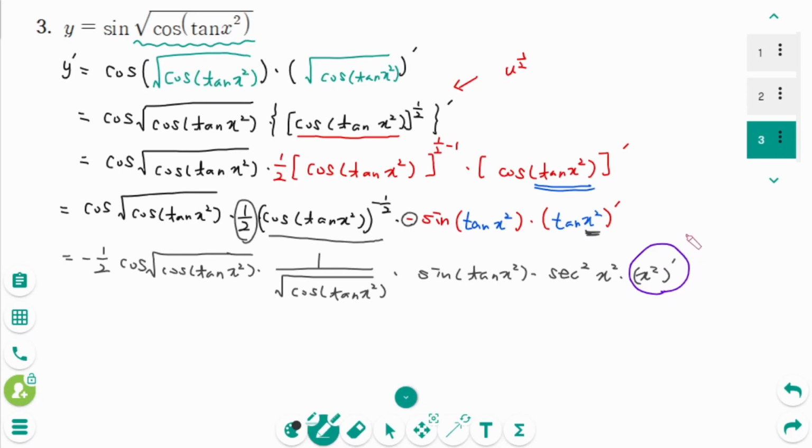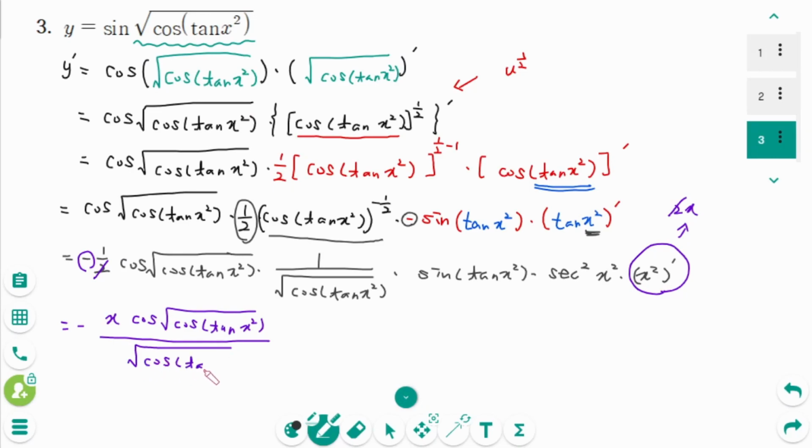Then x squared prime equals 2x, so minus 2 is cancelled, then x cosine square root of cosine of tangent x squared over square root of cosine of tangent x squared times sine tangent x squared times secant squared x squared. This is the final answer.